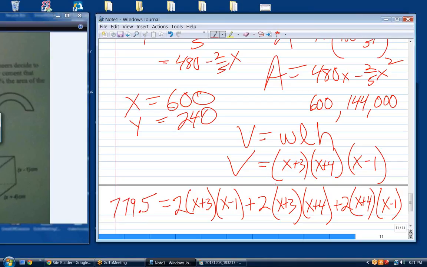Now we have a quadratic that we're going to have to solve. We know it's a quadratic because that's going to produce an x squared, that's going to produce an x squared, so is that. We add them all together, we're still only going to have an x squared.